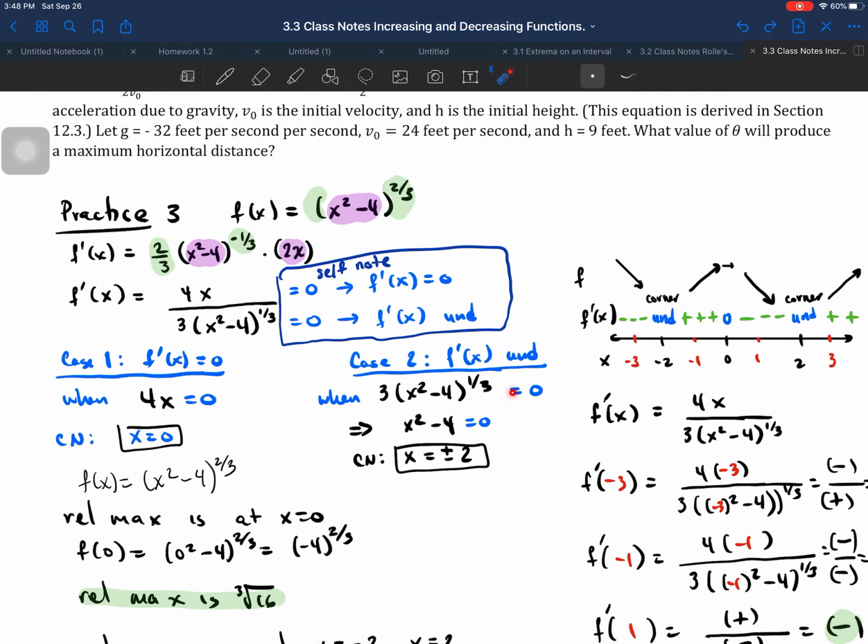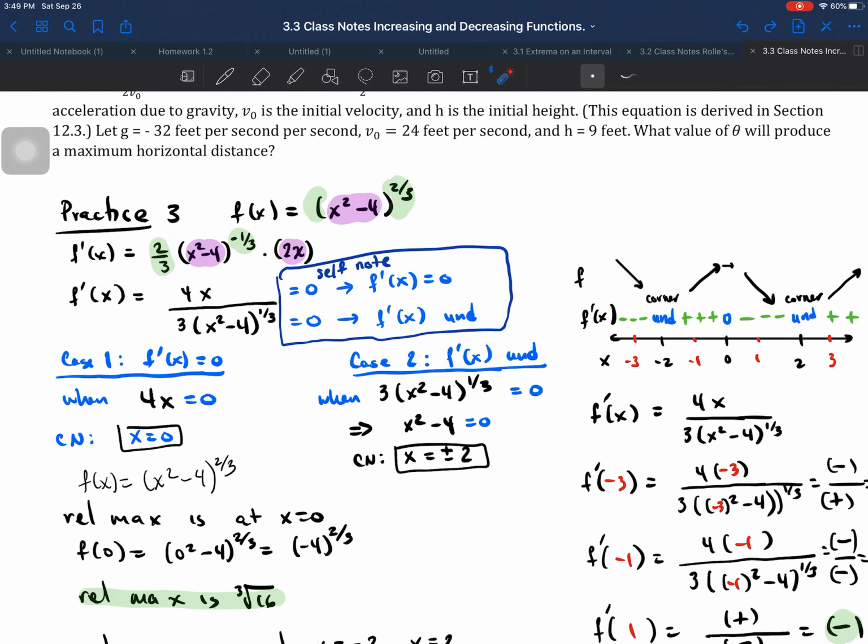So we set that equal to 0 and solve for x by dividing both sides by 3, and then taking the third power on both sides of the equation to remove that power. Now we have x squared minus 4 equal to 0 to the third, which is 0. And then add 4, and then take the square root on both sides, which gives you plus or minus 2. So the other critical numbers are plus and minus 2.